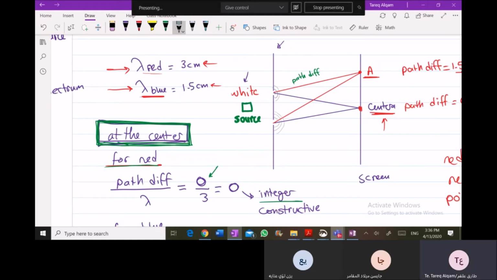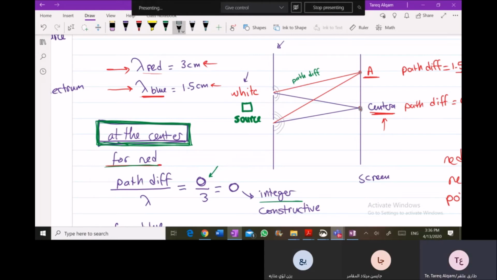As a result of this diffraction, waves will meet at this point, which is the center point. Some waves will meet at A. At the center, we get white. At A, we will get a spectrum.